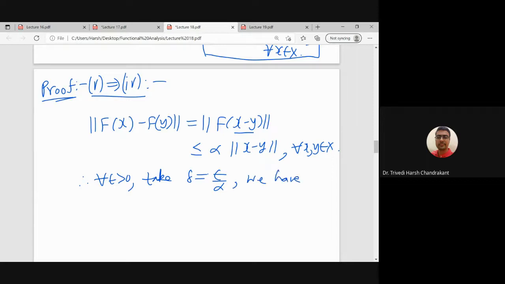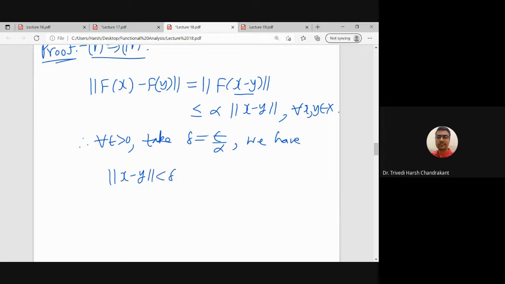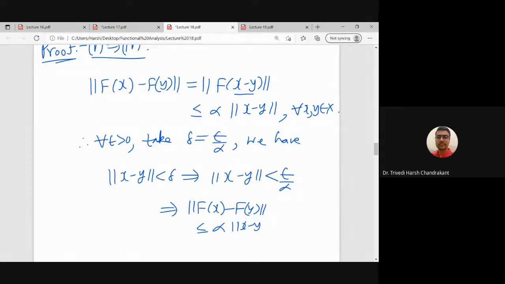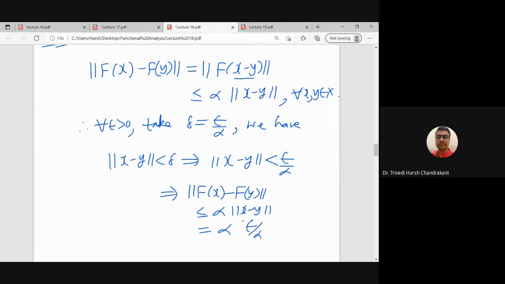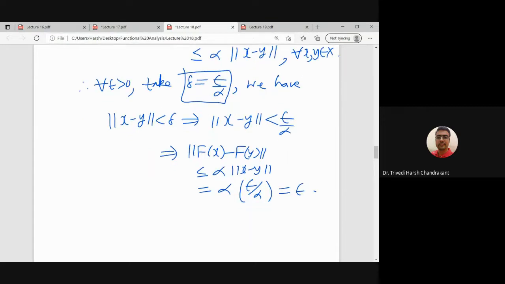In that case, whenever norm x minus y is less than delta, it implies norm x minus y is less than epsilon by alpha, and therefore norm fx minus fy is less than or equal to alpha times norm x minus y, and that is alpha times epsilon by alpha, that is epsilon. So essentially we get uniform continuity, because delta does not depend on which point we are taking, it only depends on epsilon and alpha. Therefore f is uniformly continuous.